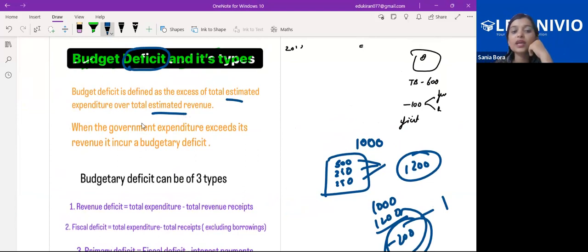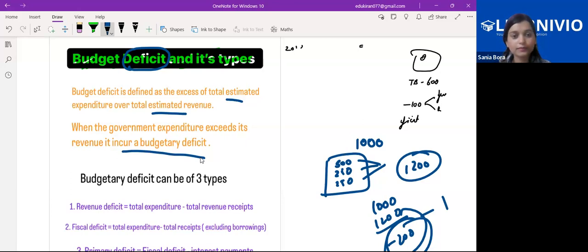Okay, ma'am. When government expenditure exceeds its revenue, it incurs a budget deficit, budgetary deficit. So, for example, government made a budget that in this upcoming year, we will spend 1000 crore rupees on schools, infrastructure and all that. But later on, the expenditure was 1200 crore. So automatically, it is more than this, right? So that is called budgetary deficit.